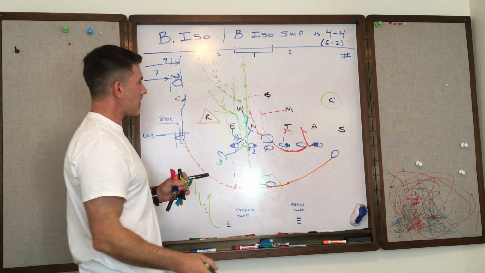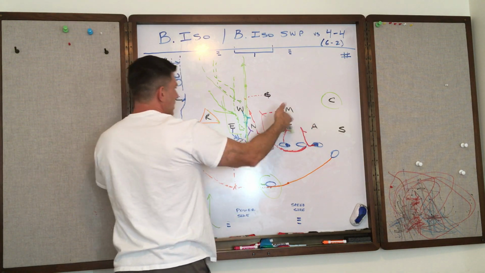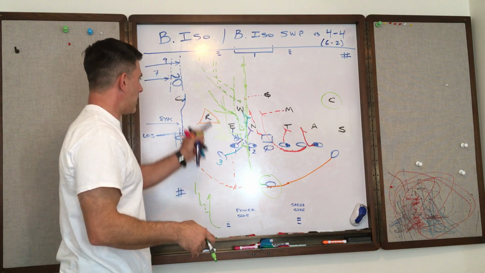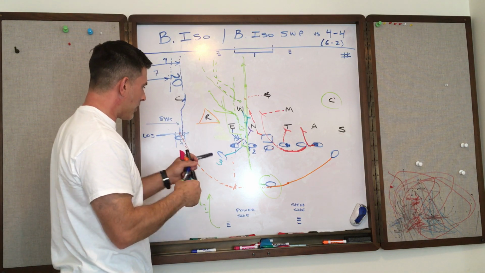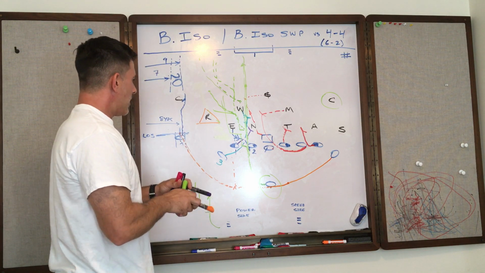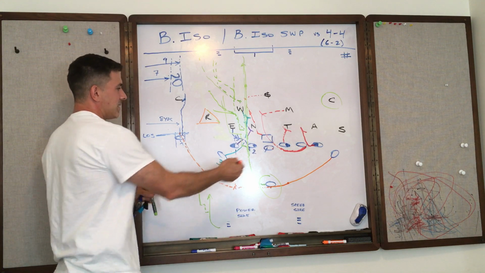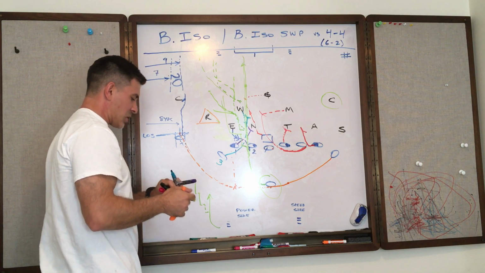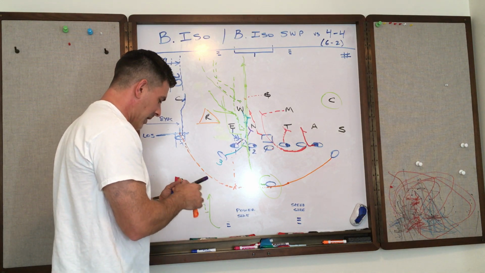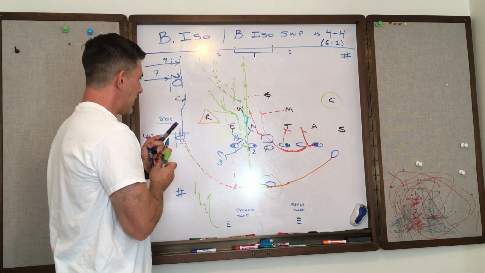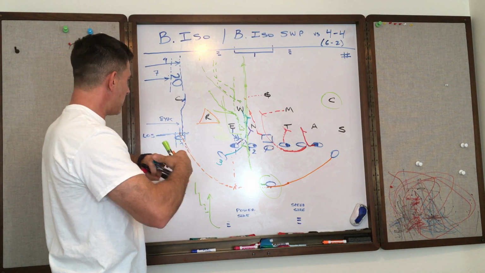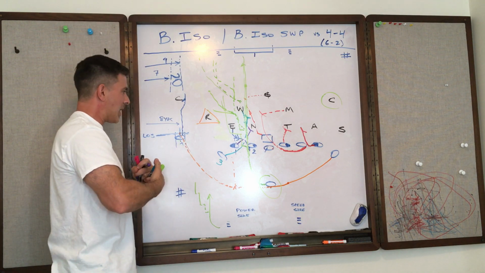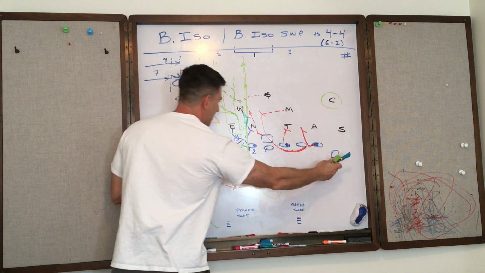Again, backside, we're good there. Play side, obviously the rover, the force defender, is being widened by the sweep threat.